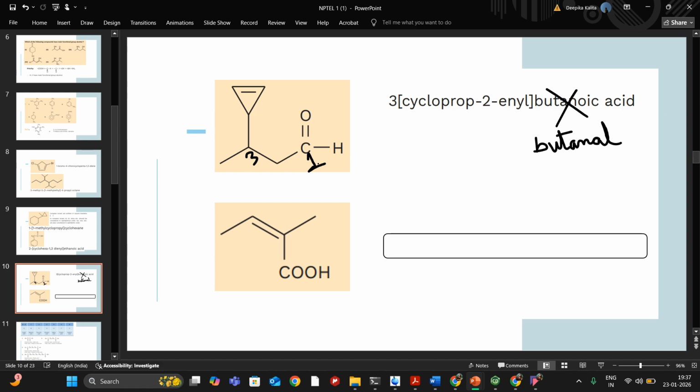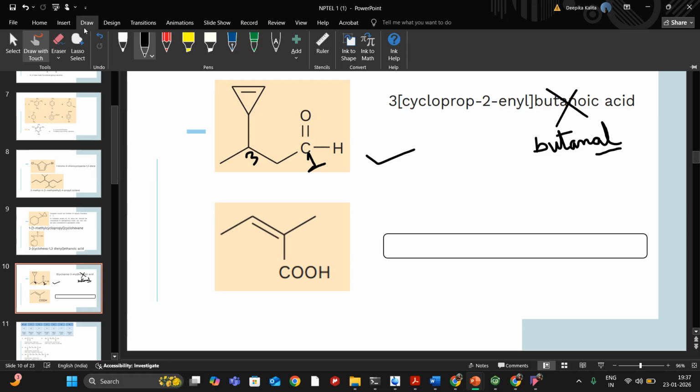Aldehydes always get the suffix -al. Hence, this compound will be 3-cycloprop-2-enylbutanal. I hope this name was clear to you.